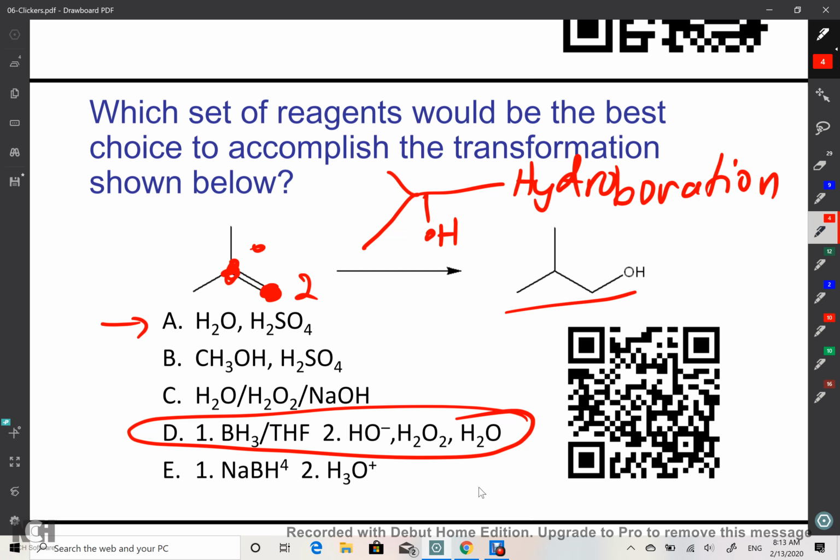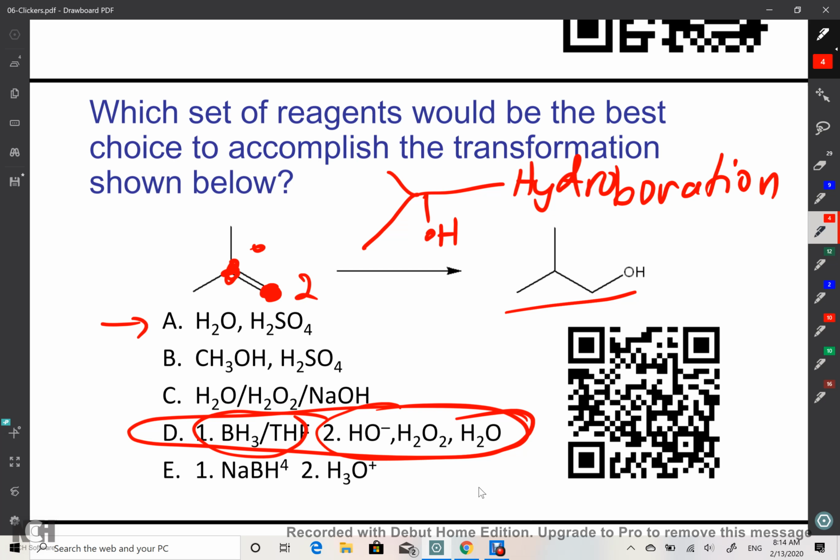So D is the reagent required for hydroboration. And take note the way the reagents are. You first add borane and let the reaction go. Then you now add the hydroxide in the presence of a peroxide. Does that make sense? So don't forget that.